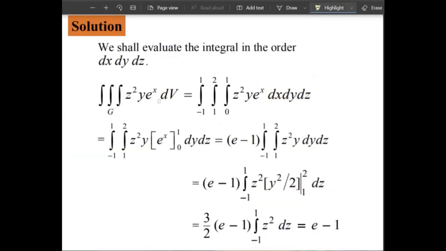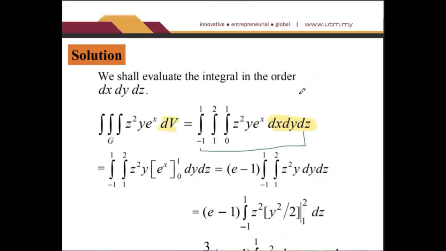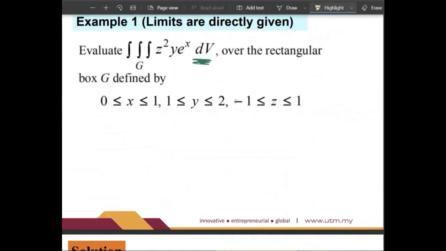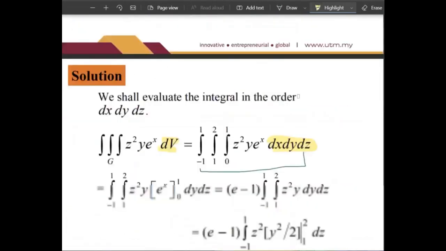Okay, first of all, how to solve? We have to choose our dV. Let's say we want to choose dx, dy, dz. So, what is our z? The limit for z, we look at the question, is from negative 1 to 1. And then we look at dy.